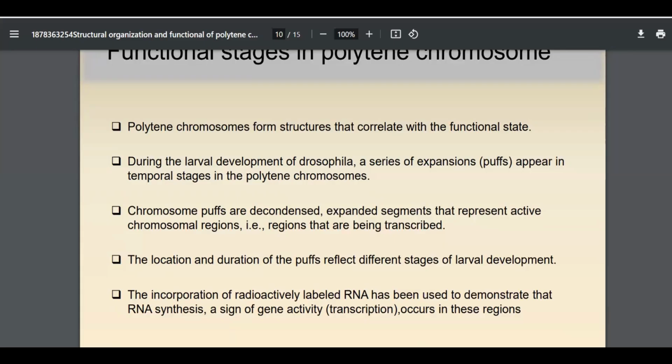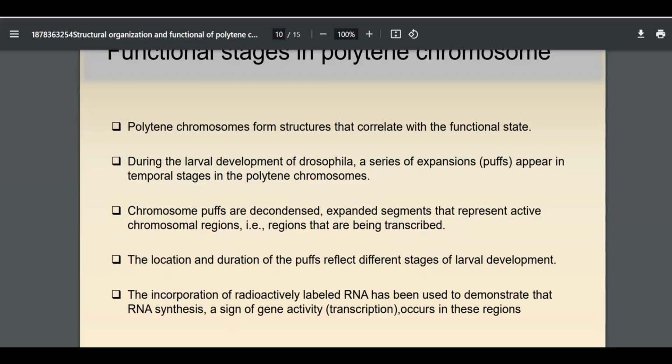So they are going to loosen up, decompact, decondense, and those regions will appear like expansions, or they are technically referred to as puffs. The puffs appear in the polytene chromosome. Puffs are nothing but the decondensed regions. So the initially condensed part gets decondensed, the inactive part becomes active, and the expression in those regions occurs.